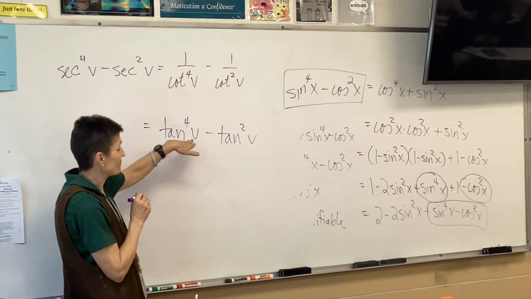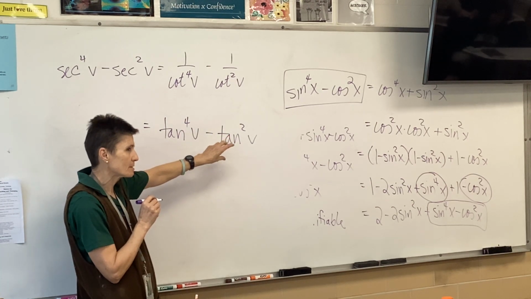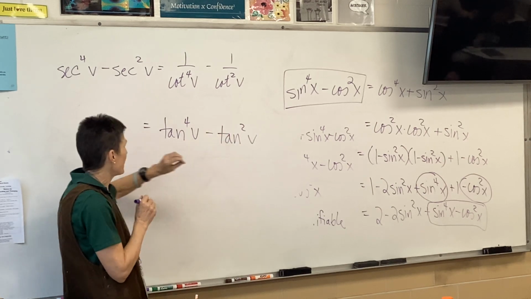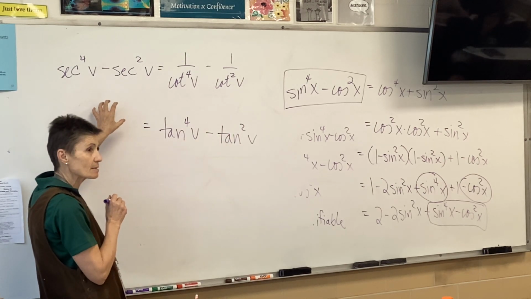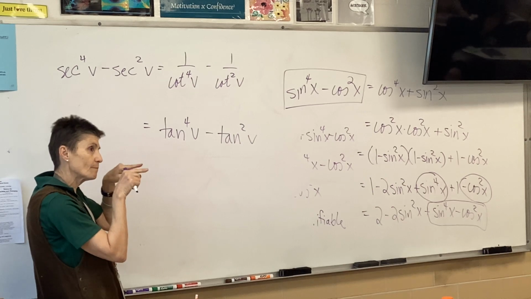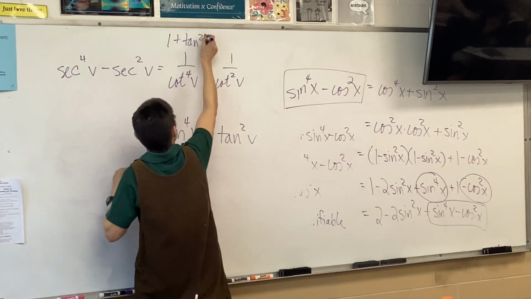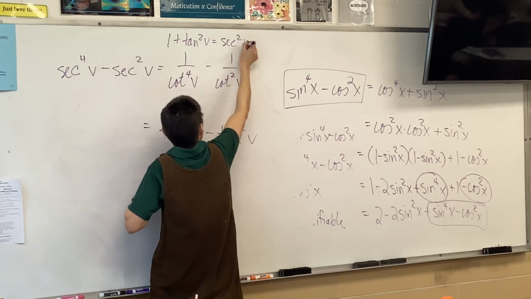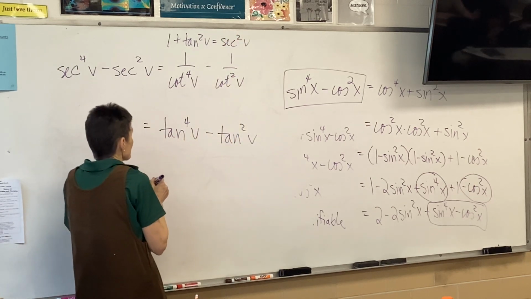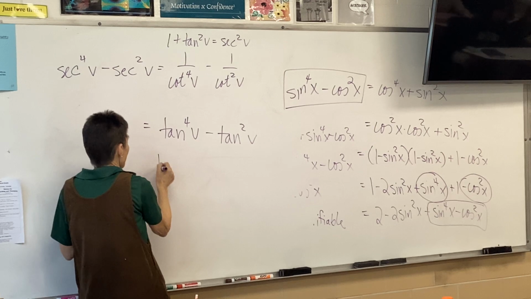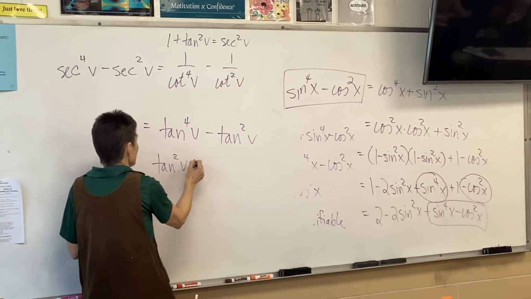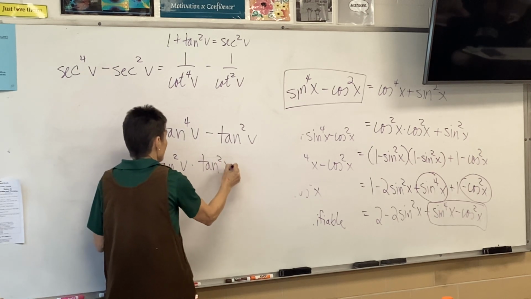Now I have even powered tangents and even powered secants. Do they connect? Because 1 plus tangent squared is secant squared, right? So I'm going to think of this as tangent squared times tangent squared.